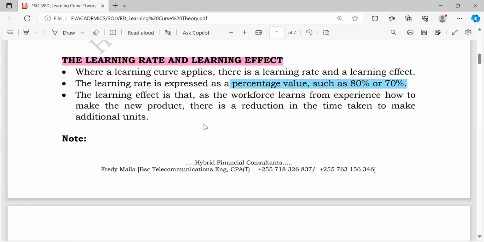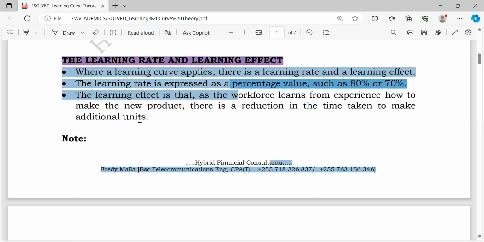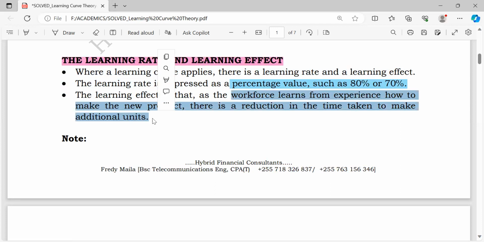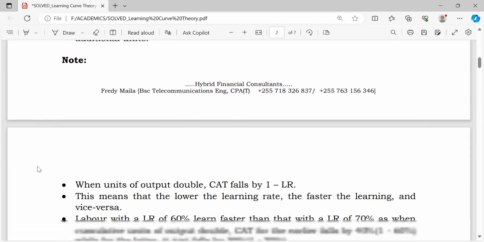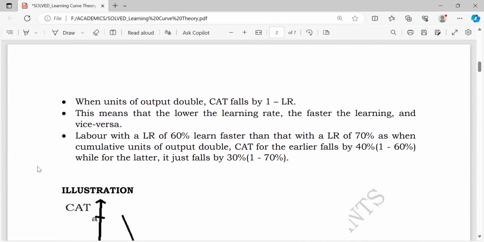As labor takes much more time, the cumulative average time to make a product actually falls, right? And so we say as the workforce learns from experience how to make the new product, there is a reduction in time taken to make additional units. Simply like that, right? Okay, so we have to note the below things before going to an example now.